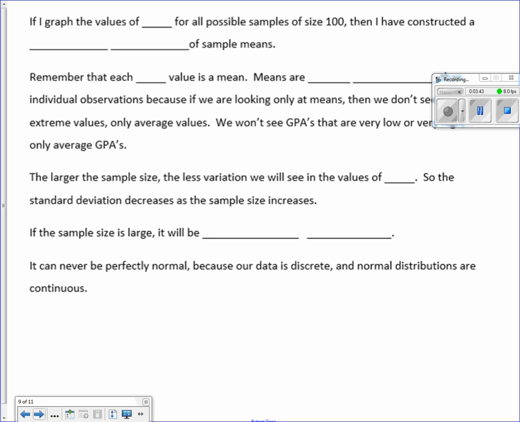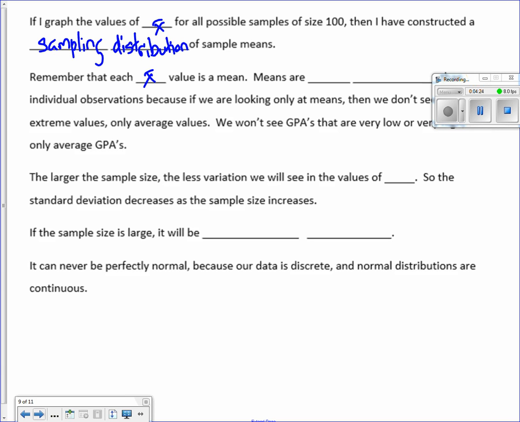If I graph all of those values of x bar for all possible samples of size 100, then I've constructed a sampling distribution of sample means. Remember that each x bar value that we get, each mean of each of those 100 seniors, is a mean.